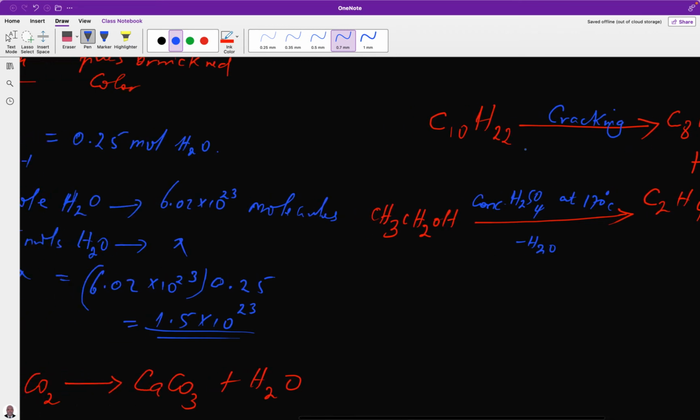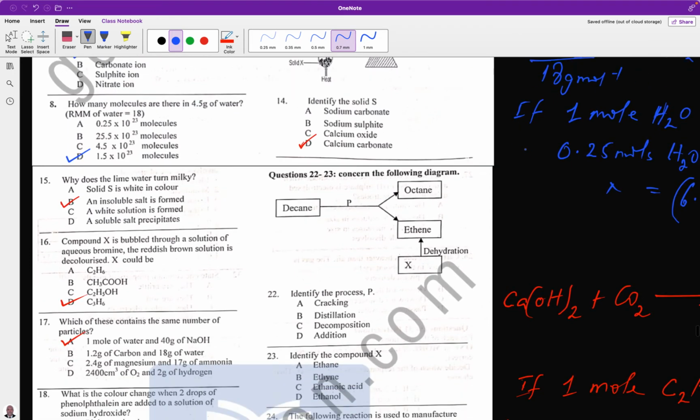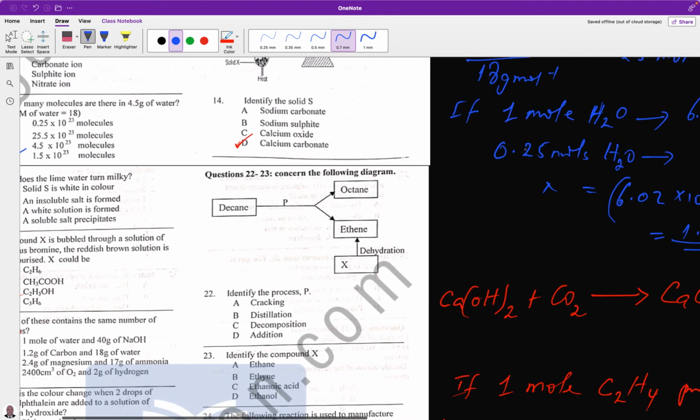So now let's go back to our question. The question says, identify the process P. P is cracking. That is question number 22. P is cracking. That is A.